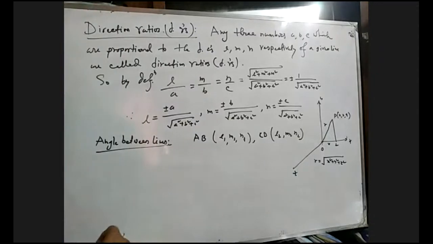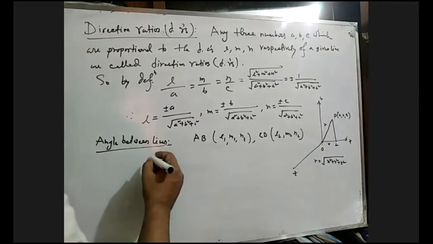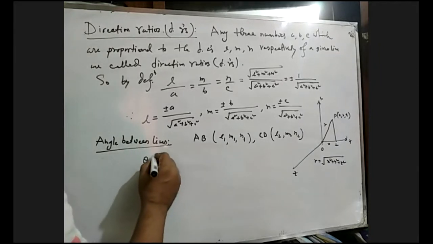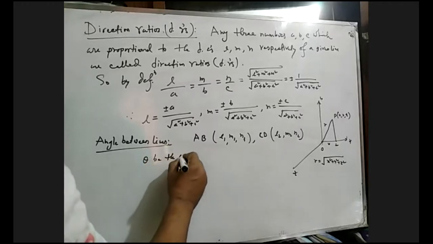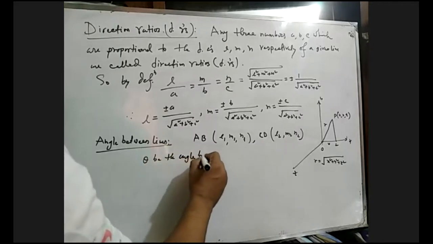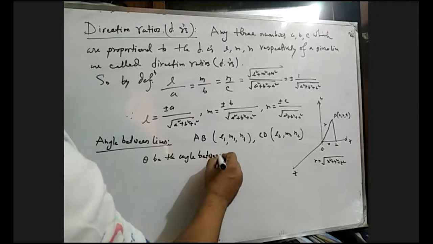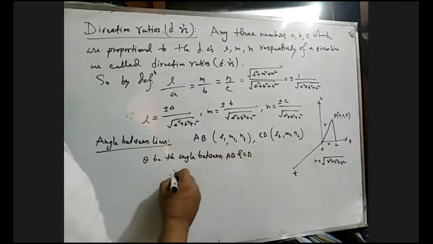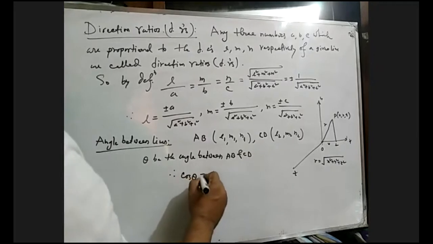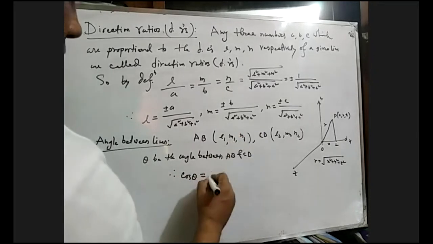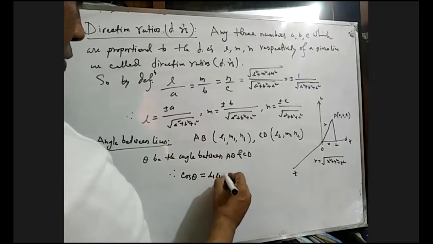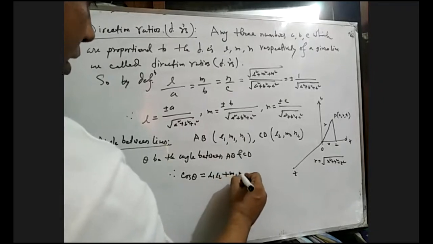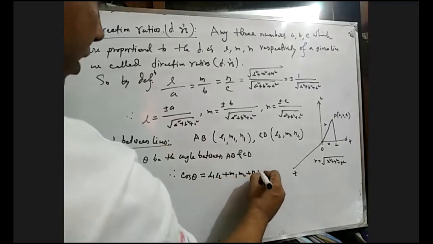Suppose theta is the angle between AB and CD. Therefore, cos theta can be written as L1 L2 plus M1 M2 plus N1 N2.